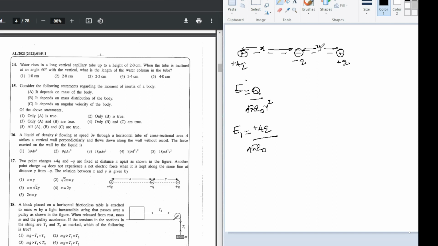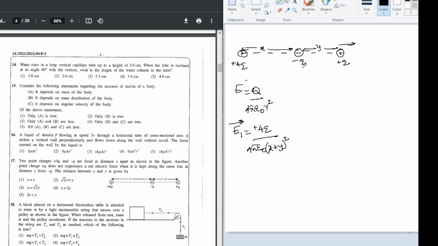The distance between the two point charges plus 4q and plus q is x plus y. Distance is x plus y squared. And the direction of E1 is to this side, because this is a positive charge and this is also a positive charge. Anyway, the electric field strength at this point is to the right side. So E1 is in the direction to the right.